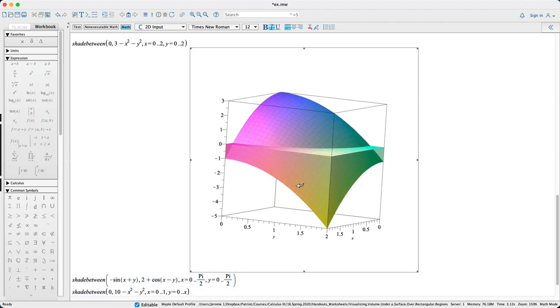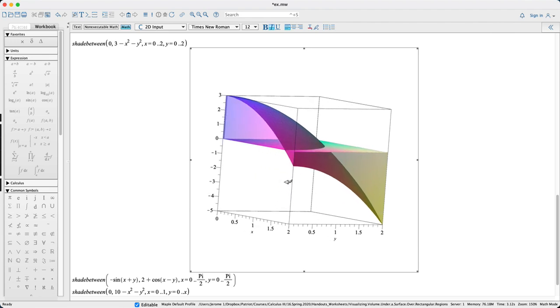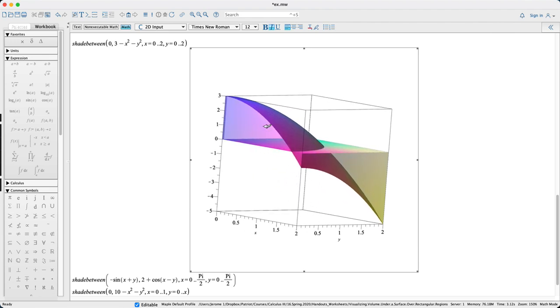And this is a good one because it illustrates the fact that part of your surface might be above. So look, here's your Z-axis. You have a part of the surface that corresponds to the positive Z values, but then a part of it is below, right? You can see the XY plane, that's the flat plane right there.